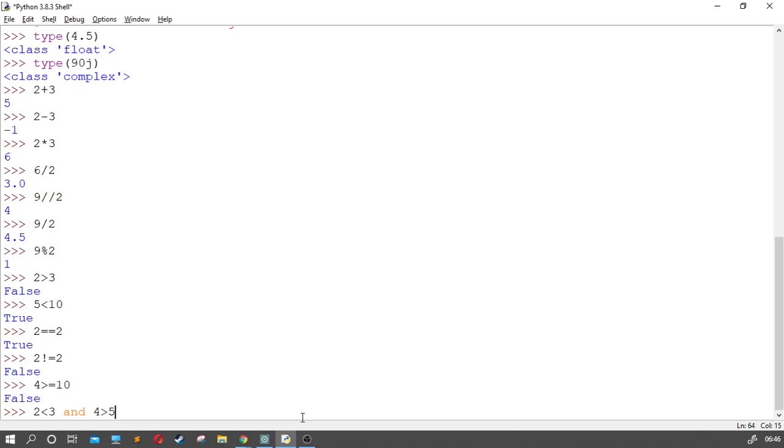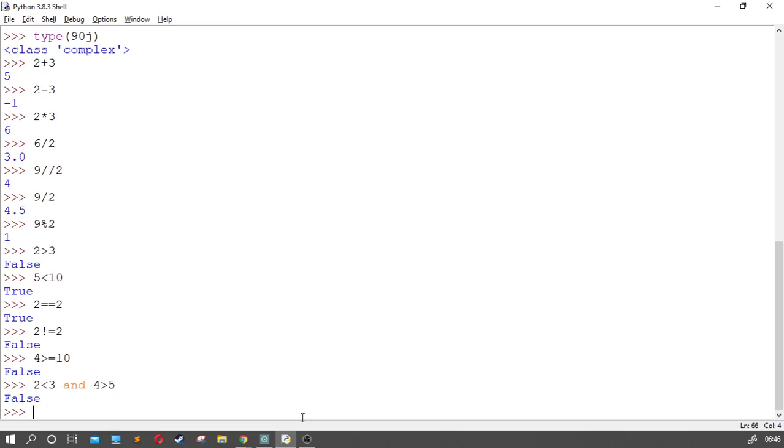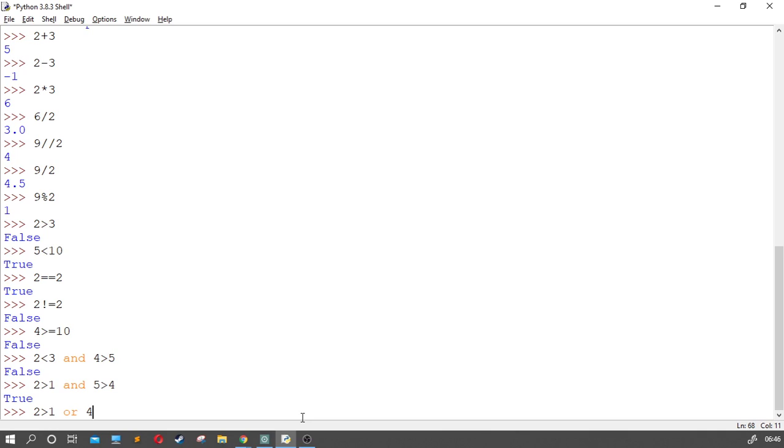Only if both statements are true should the result be true. Let's say 2 is greater than 1 and 5 is greater than 4. It's true. Let's go with 2 is greater than 1 or 4 is greater than 5. In this case, it's true because if either of the statements is true, then it's true.